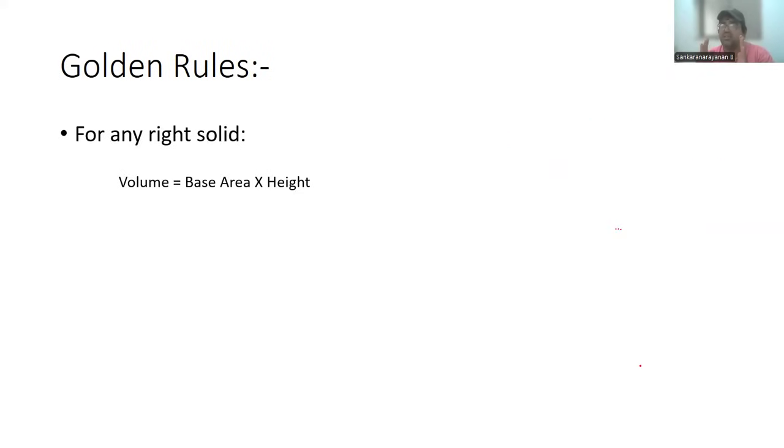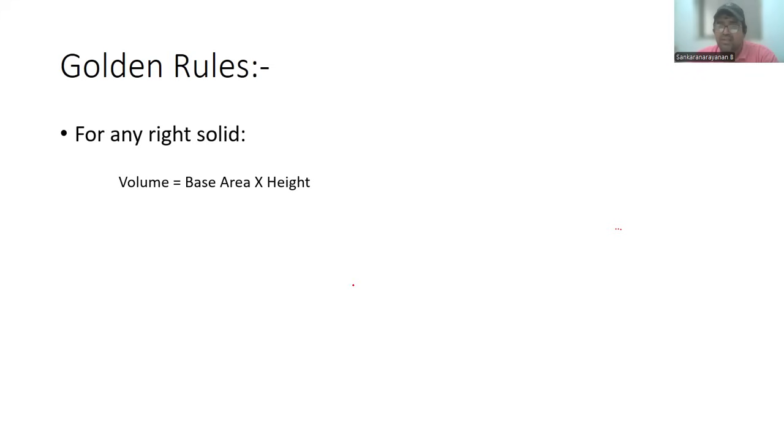Any right solid that you are considering, where the bottom has one shape and the top you see the same shape, that's what we call a right solid. Bottom you see the circle, right? You can see the top also has the same circle. So those kinds of solids we call right solids. For any right solid, you can easily find the volume. It will be nothing but base area into height.